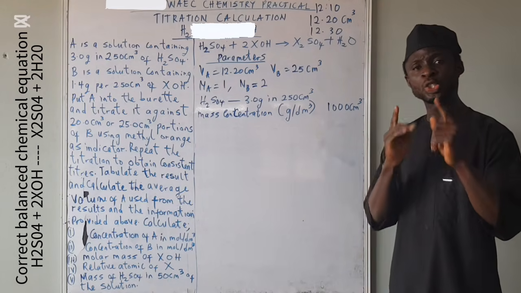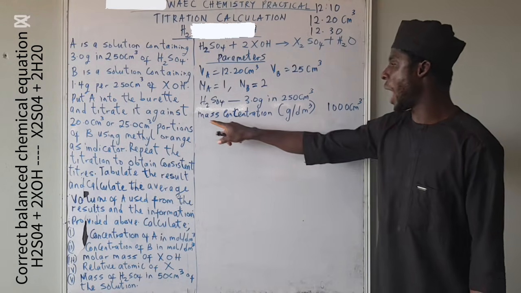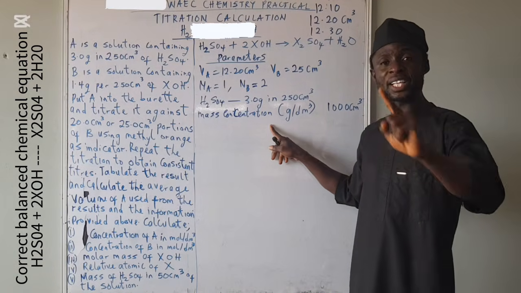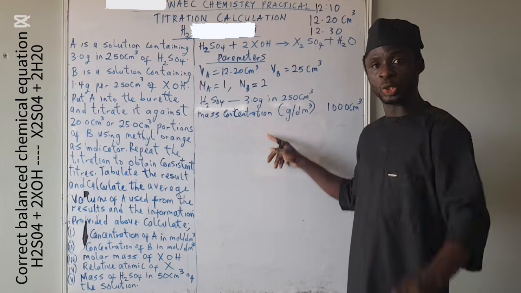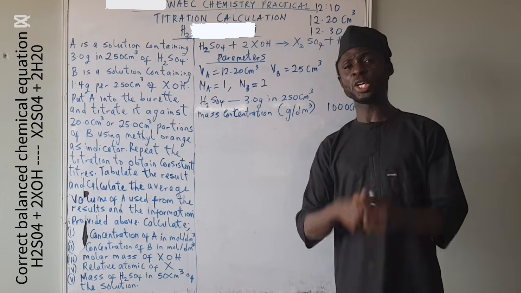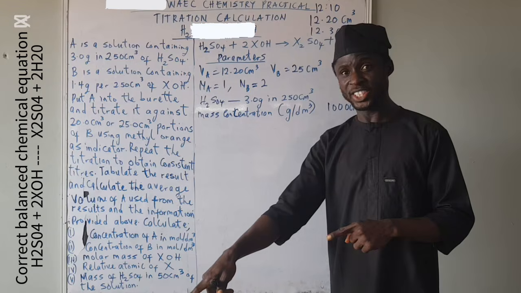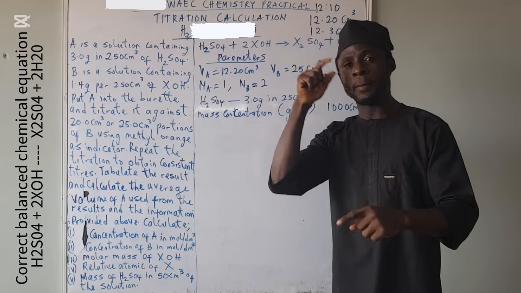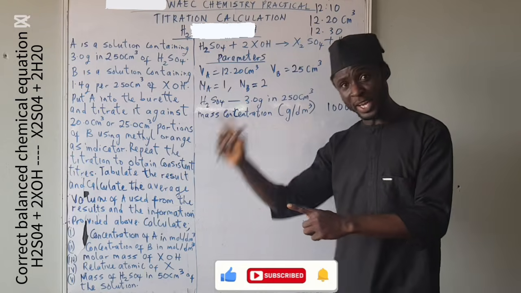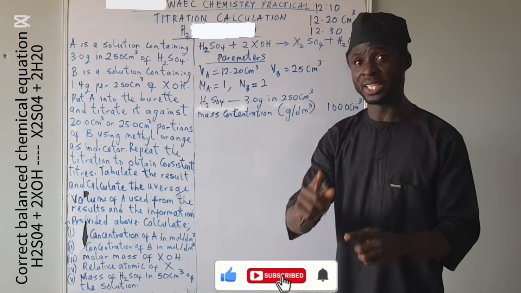So for us to continue with this question, we must know our mass concentration, because anytime you do your titration calculation, you will be finding two things. It's either you have to calculate the mass concentration of the acid used, or the molar concentration of the acid used, or the mass concentration of the base used, or the molar concentration of the base used.